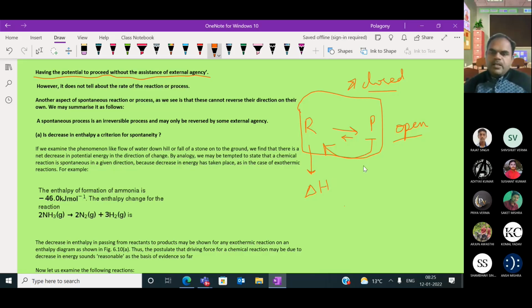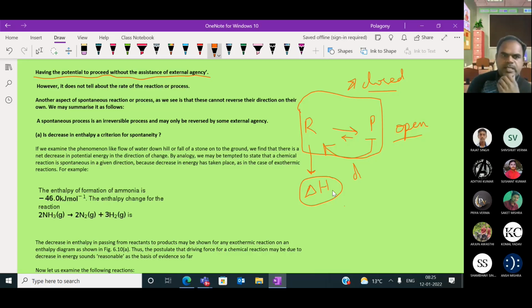What is the reason for the spontaneity of a chemical reaction? Decreasing of enthalpy change.